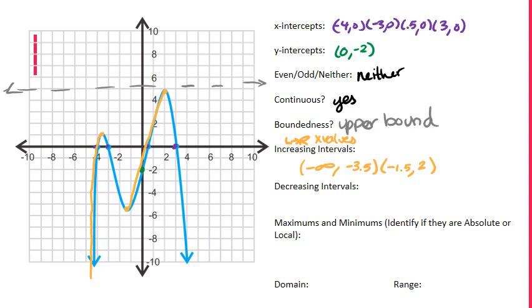Decreasing, where am I decreasing? Well, let's see. From here, as I read left to right and trace the graph, I'm going down, so I'm decreasing. And then from here on, I am decreasing. So again, I'm decreasing from that same x value of -3.5 all the way to the x value of -1.5. Notice how those values match up, you guys.